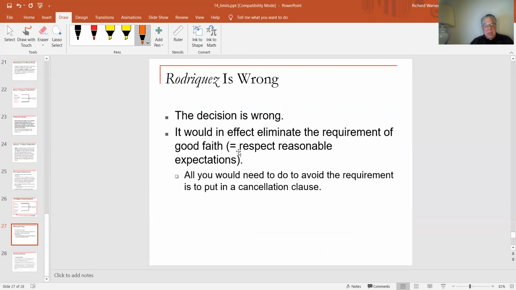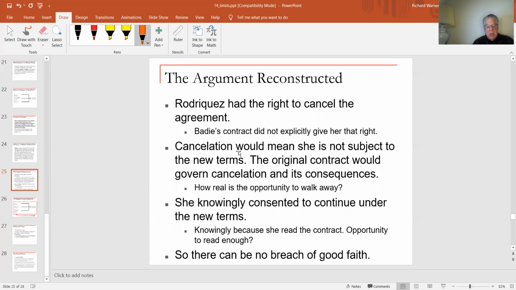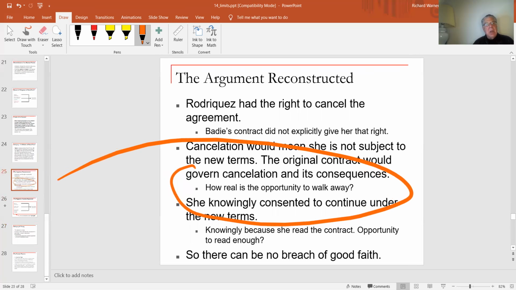Rodriguez has got to be wrong, right? It would just eliminate the requirement of good faith, respecting reasonable expectations. All you need to put in is a cancellation clause. And you see the problem in Rodriguez, right? She needs the protection because she can't walk away.